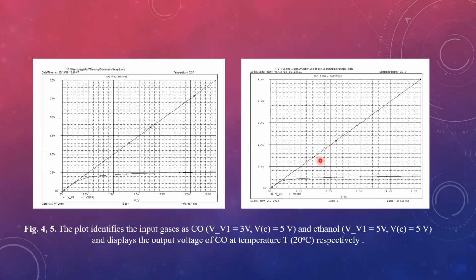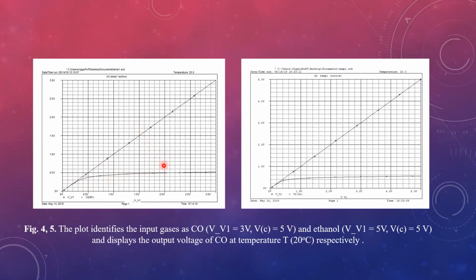Next is carbon monoxide, where the input voltage is 3 volts. If 3 volts is available, then you can see that the gas is detected as carbon monoxide. But it shows a variation at 20 degrees Celsius. The output voltage curve is deviated, which should be equal.